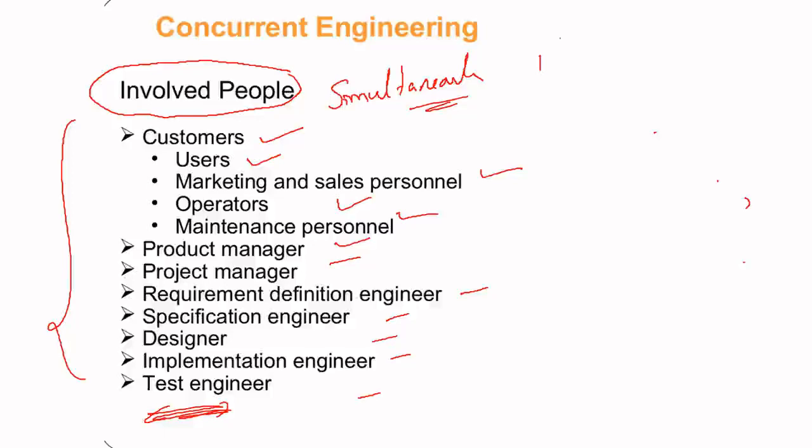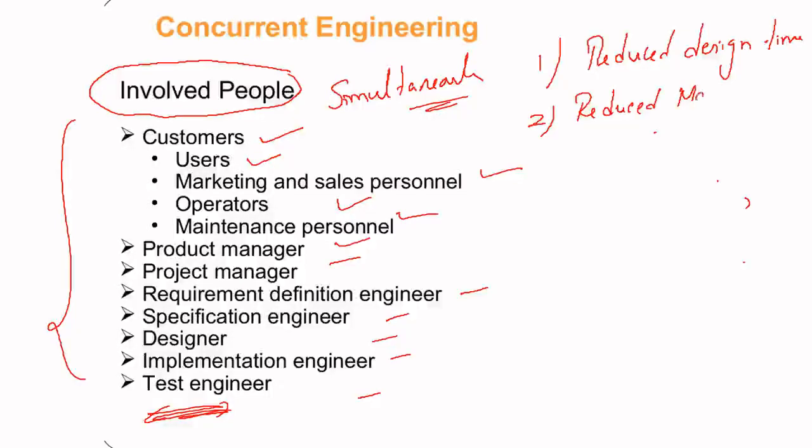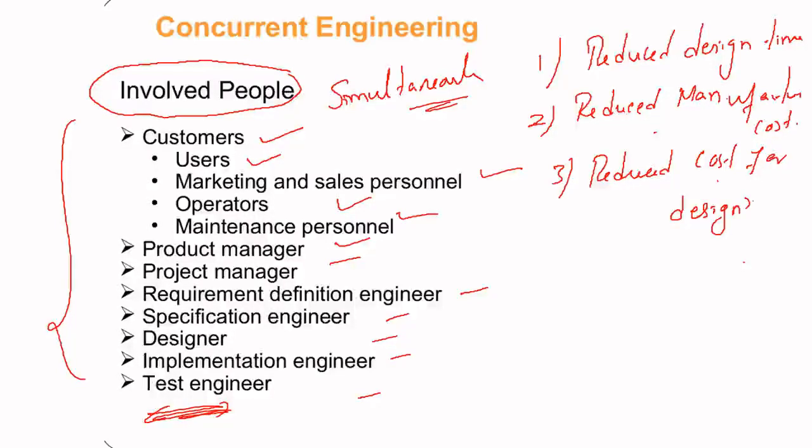So of course the first advantage can be reduced design time, reduced manufacturing cost, reduced cost for design changes, because they are working parallelly. Then and there they can pass the idea, right?